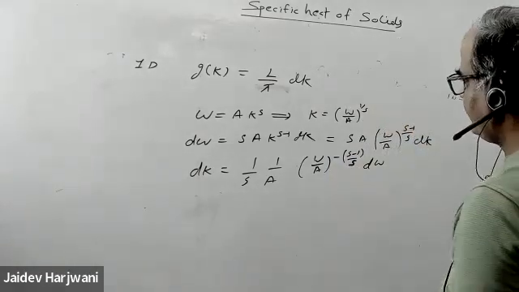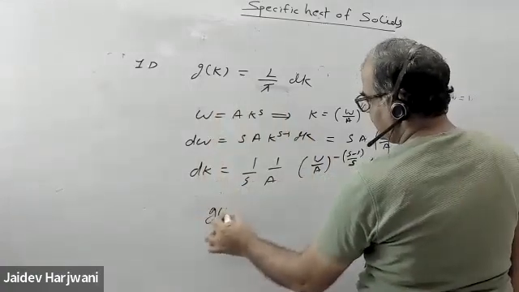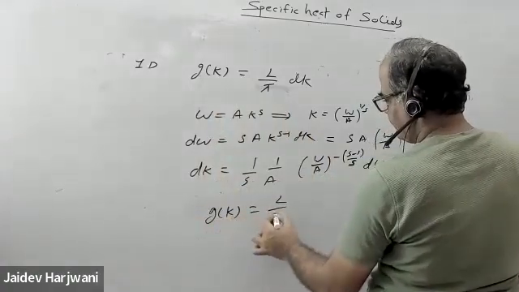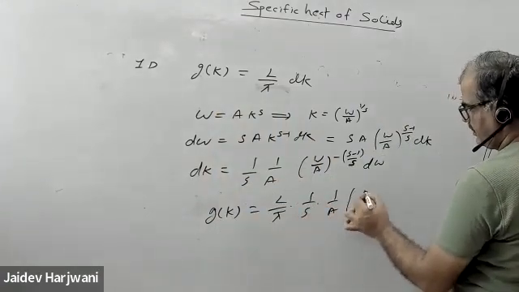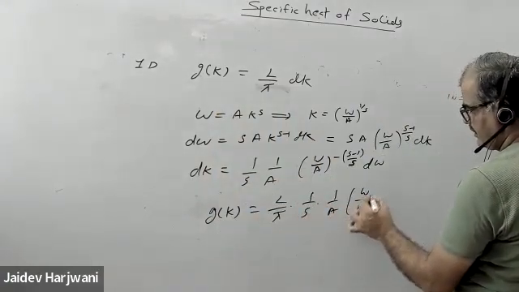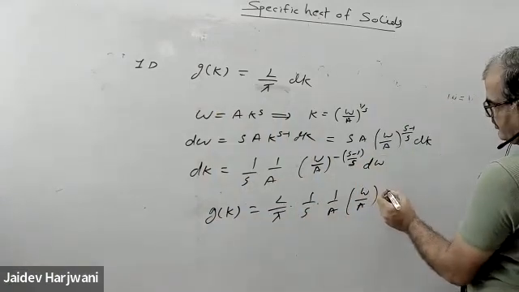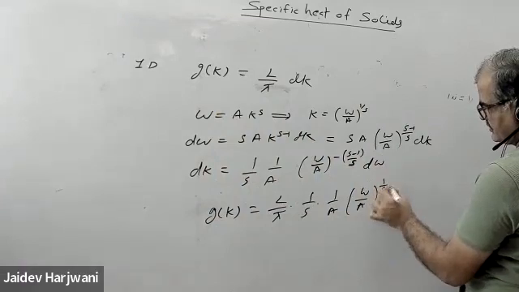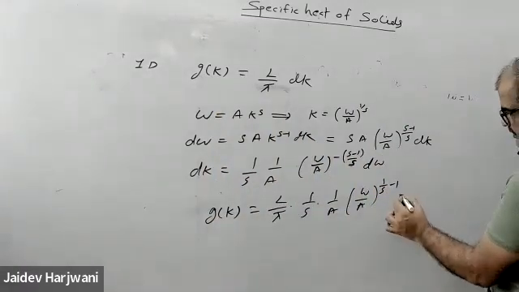Now put the values in this expression, the dk value. So my g k will be L upon pi, 1 upon s, 1 upon a, omega a, and this becomes 1 by s minus 1, and d omega.